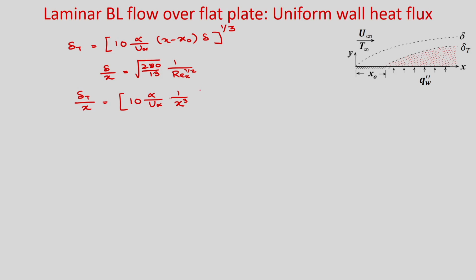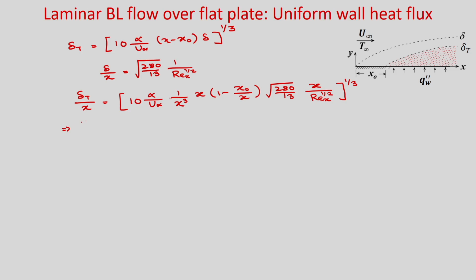And here if you take outside x, so you will get 1 minus x naught by x, okay. And we have delta. So, delta you can put as root 280 by 13, okay, then x by Re x to the power half, okay, to the power 1 by 3.